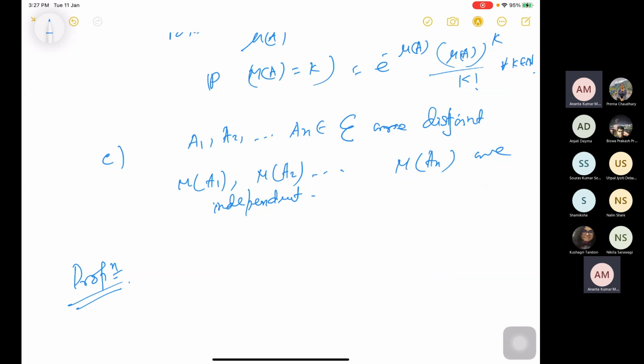Now the question is whether this Poisson random measure I am defining exists or not. For a particular case I have seen it, but for the general case, this is given by the proposition. The answer is yes, it exists. That is the construction of the Poisson random measure. I am not going to prove this, but it is better to know.